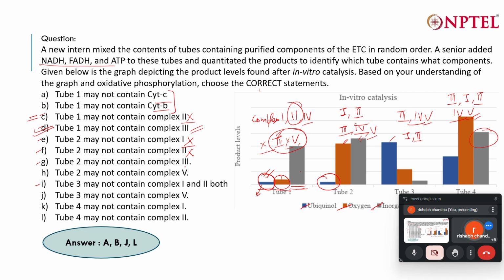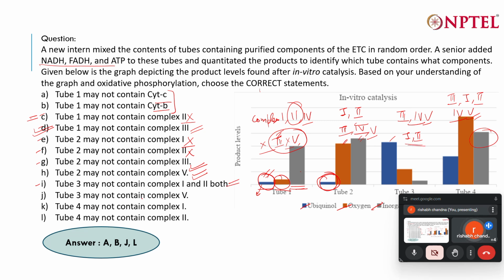Tube 2 may not contain complex 3. Yes, because ubiquinol is not present here, complex 3 will not be present here. So this is correct. Then tube 2 may not contain complex 5 also. Yes, this is correct. Then tube 3 may not contain complex 1 and 2 both. Yes, this is also correct.